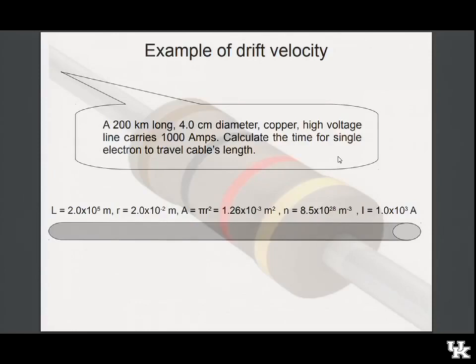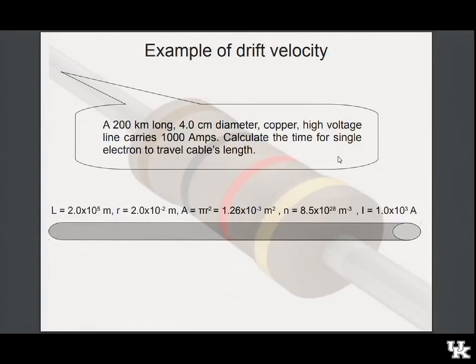The random velocities are much, much larger. So if you were to look at electrons in a wire, moving along the wire, you basically see random motion, and only very gradually would you see them drift. And this example problem is for us to calculate that drift velocity. So let's see if we can do that.